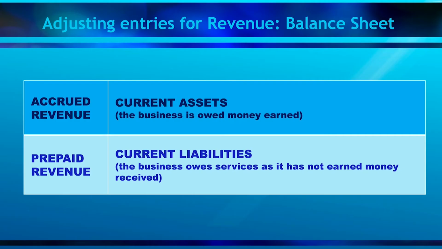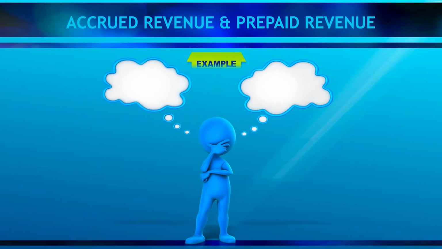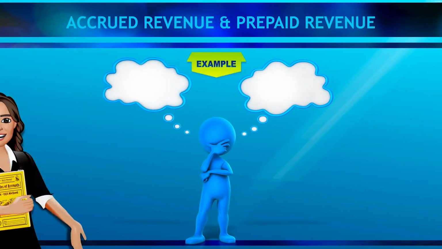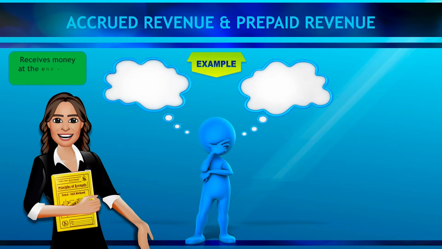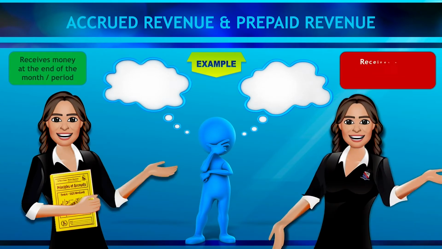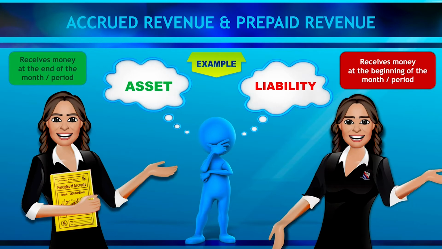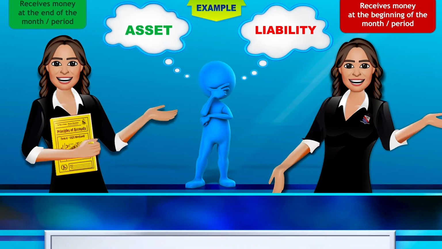The example that I use for this would be a teacher who receives money like a salary at the end of the month, that's like me, and a lessons teacher that specifically receives money at the beginning of the month.